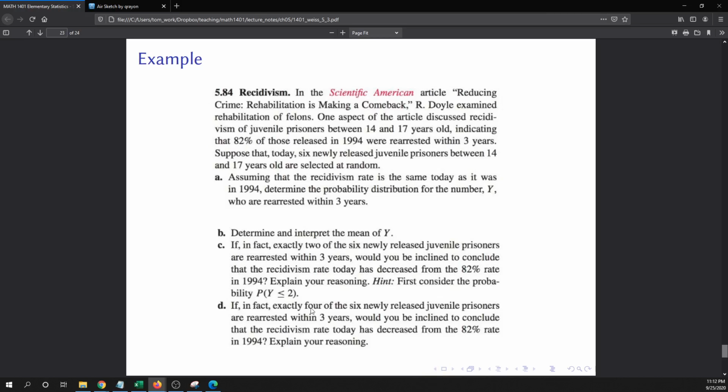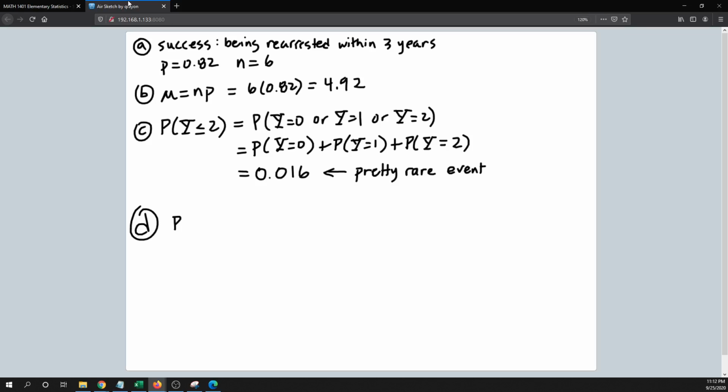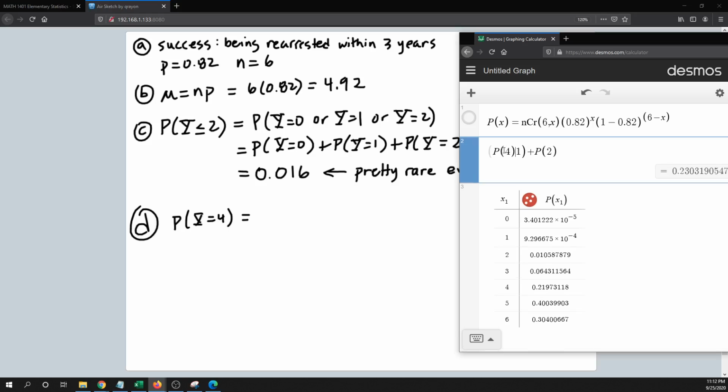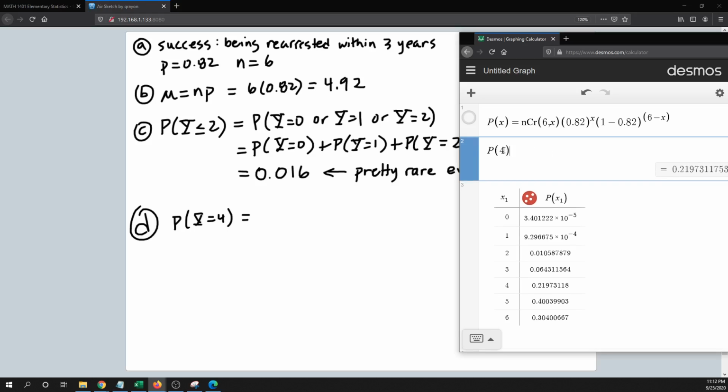They say exactly 4. So the probability that x is equal to 4, and if we calculate that out, that's P of 4, we get about 22%, or 0.220, is the probability that you would get exactly 4.